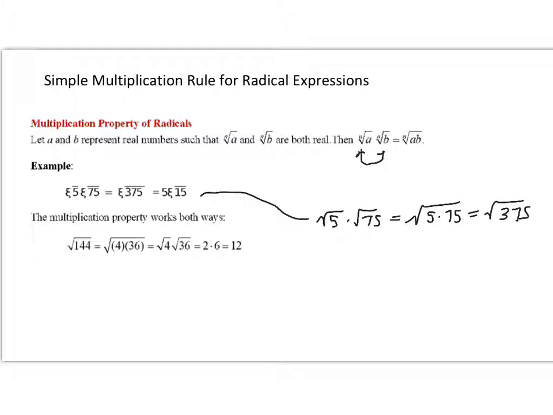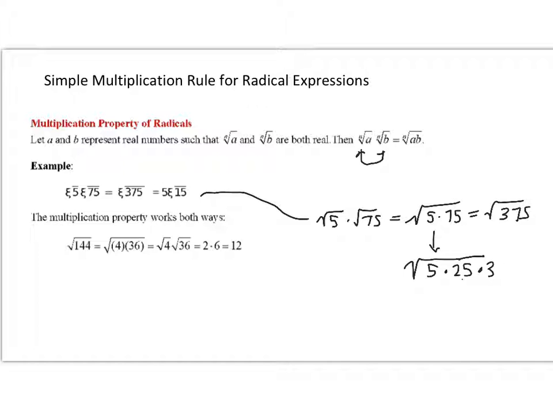In some cases, since our index is 2, we can put everything under the radical in terms of squares. So this is 5 times 25 times 3.